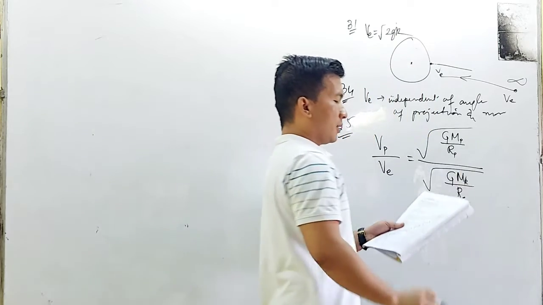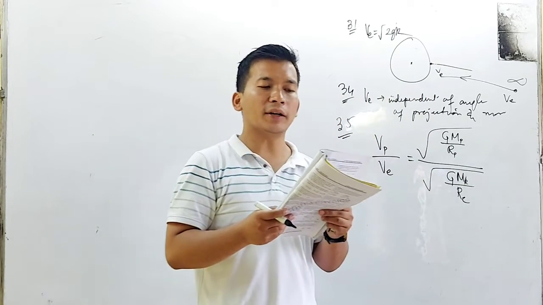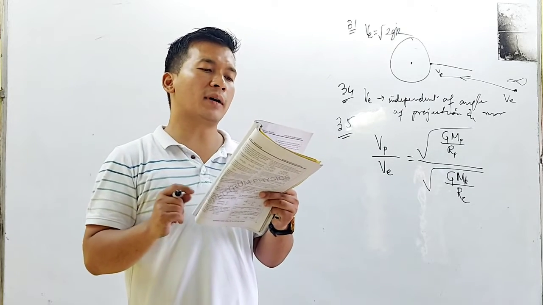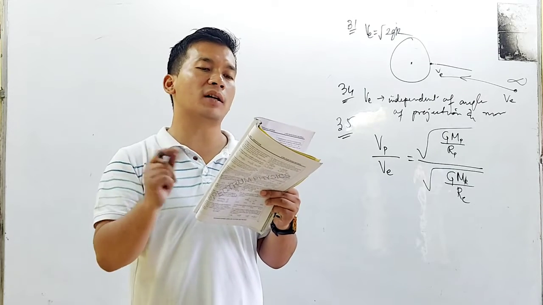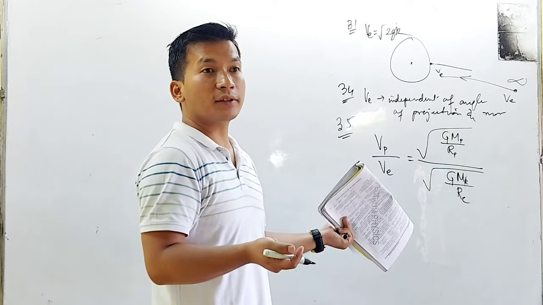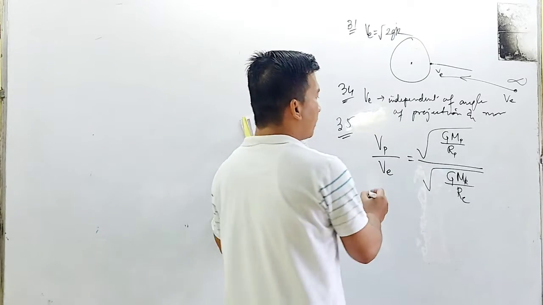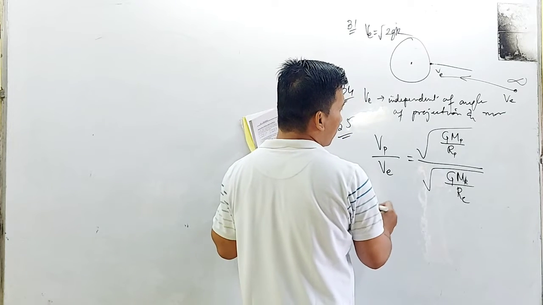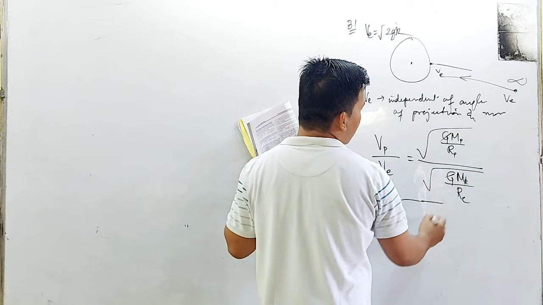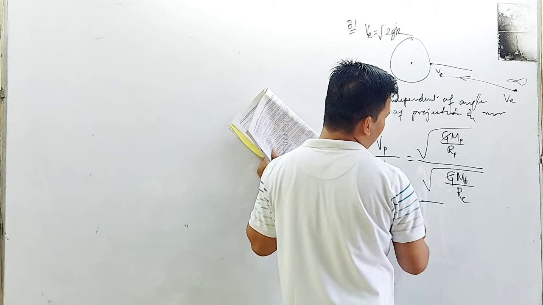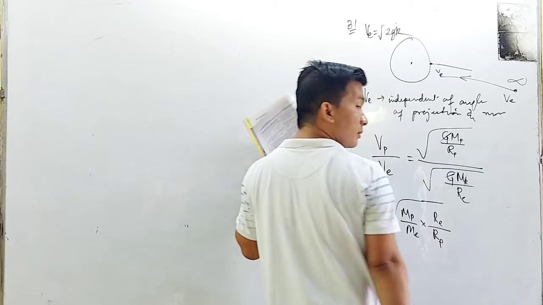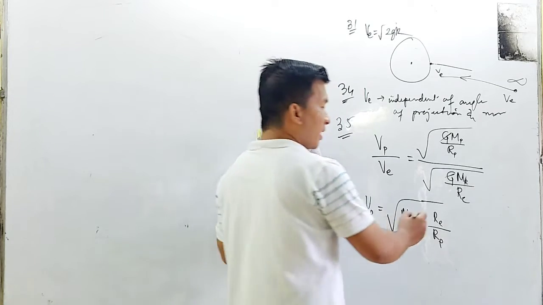R_E. The escape velocity from the planet Earth is 11.2 km per second, and the mass of the other planet is 100 times the mass of the Earth and the radius is 4 times. Can you calculate the escape velocity by yourself? Simply, v_P will be equal to, after simplification, G gets cancelled out, and we will have root over M_P divided by M_E into R_E divided by R_P.